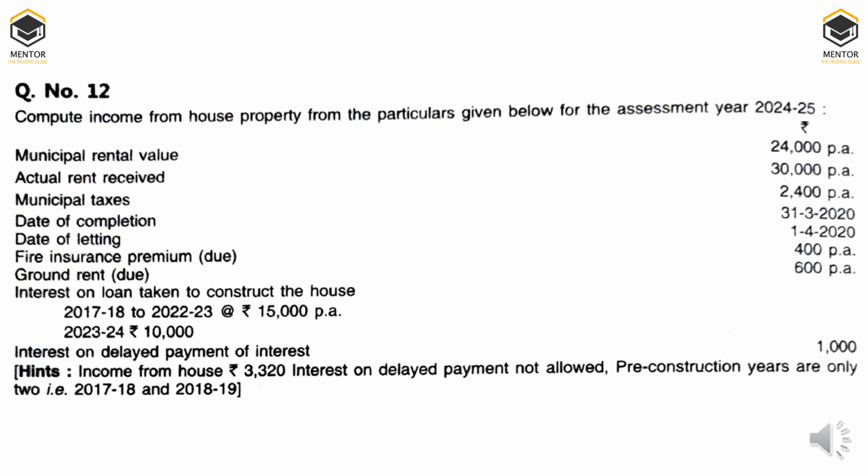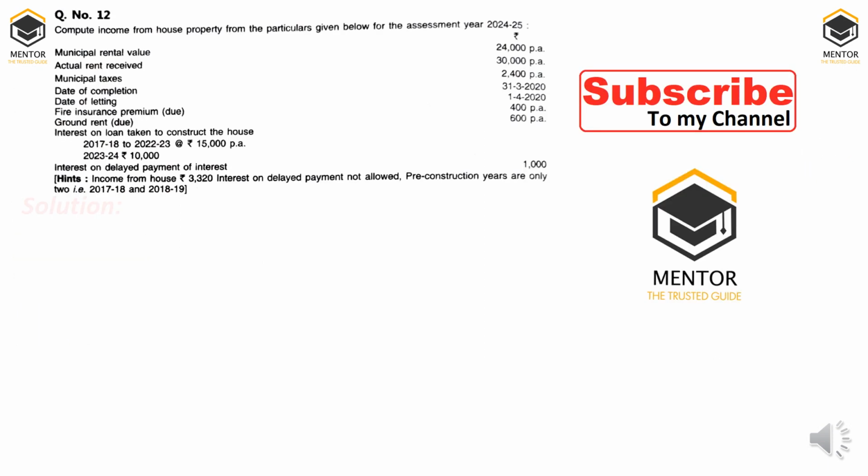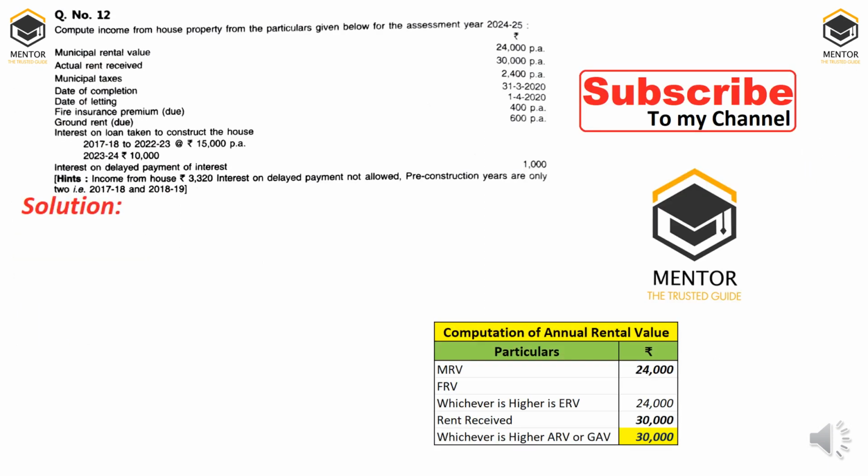So let's start the answer to this question. Computation of GAV: MRV is 24,000, FRV is not provided, whichever is higher, 24,000. Then we directly compare with rent received. Since standard rent is not available, rent received comes to 30,000. Once we compare these two, 30,000 is the highest value, therefore 30,000 is considered as GAV, gross annual value.